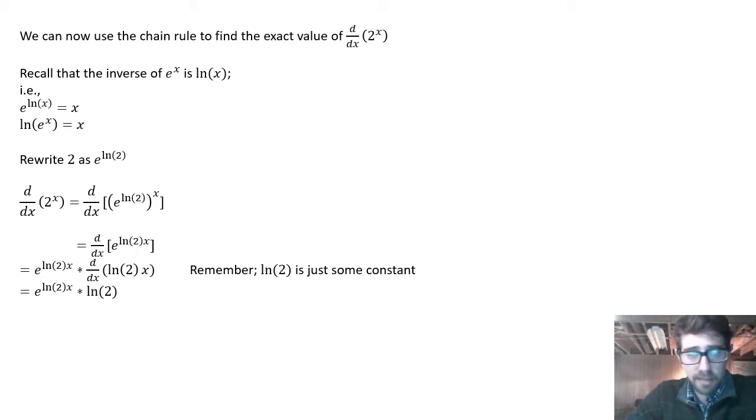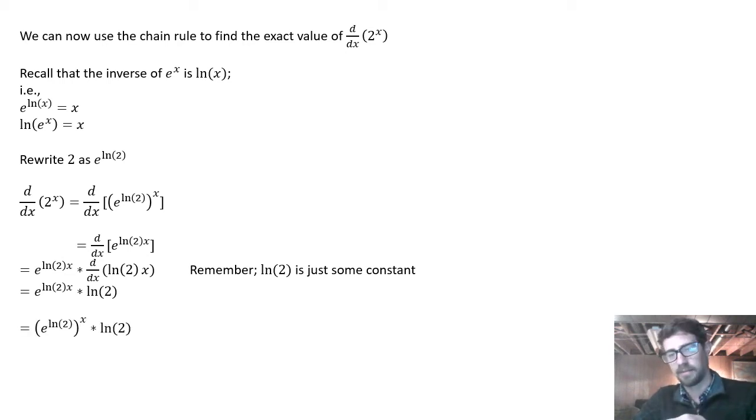So that's it. Remember, this is the derivative of 2 to the x. It looks terrible now, but we're going to clean it up. So now we just go in reverse. We say, okay, e to the natural log of 2 times x can be put back like that. If with a power to a power you multiply the powers, then you can undo that and rewrite it back like this, where it's e to the natural log of 2, to the x.